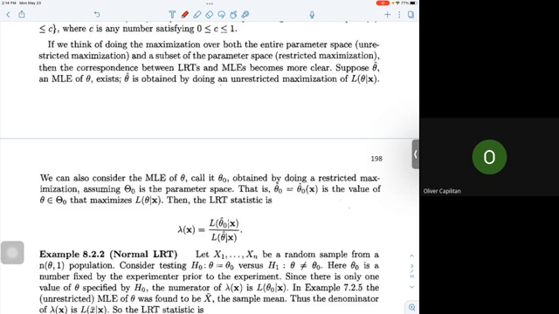Take note that this theta hat sub 0 is the maximum likelihood estimate of our parameter theta when we're doing a restricted maximization, while theta hat is the MLE of our parameter theta over all the parameter space of big theta. That is why this is unrestricted.